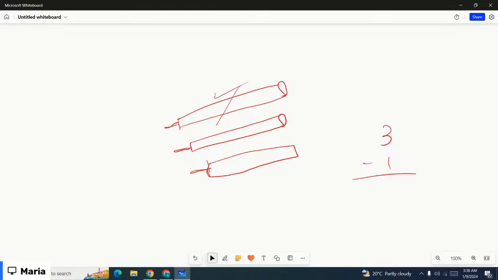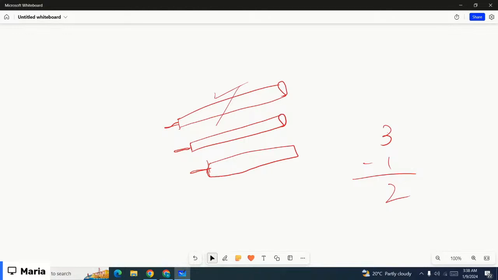Yes, that's why you can say three take away one, right? Because you already had three. One of the pencils you lost, and now you have two pencils. Got it? So three take away one is two. These are very easy examples I'm using to clear the concept. We'll start the subtraction lesson in the next session this week, right?